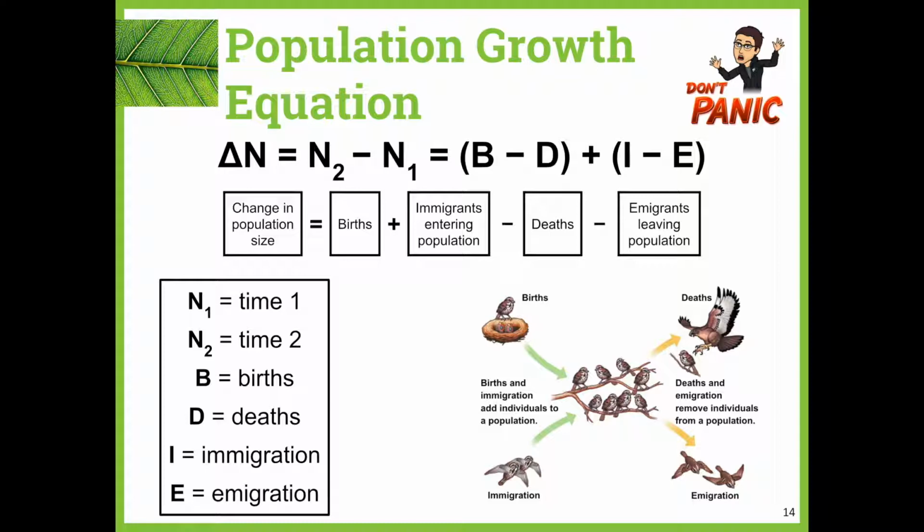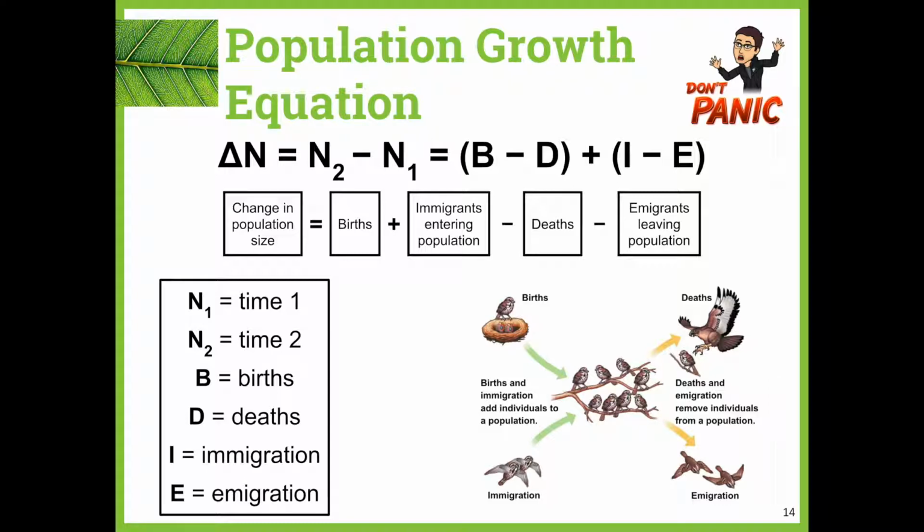So delta N is the number of individuals at a given time, we'll say time 2, minus the number of individuals at an earlier point in time, we'll say time 1, and we'll write that as delta N equals N2 minus N1. And if we expand upon that, we'll understand that the processes leading to a change in population size through time include the births of individuals, the deaths of individuals, the immigration into and the emigration out of.